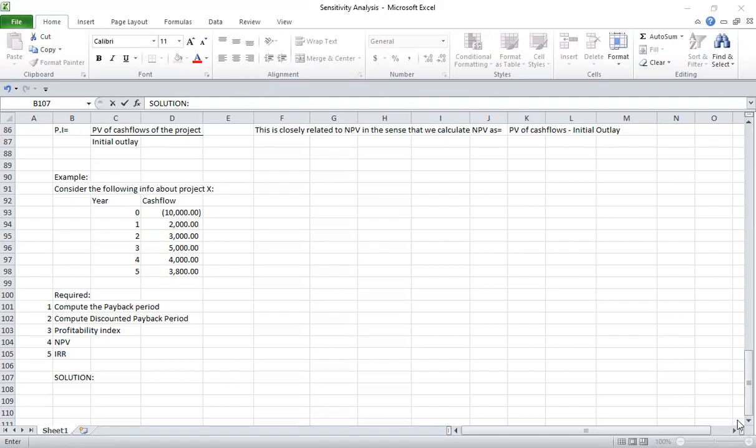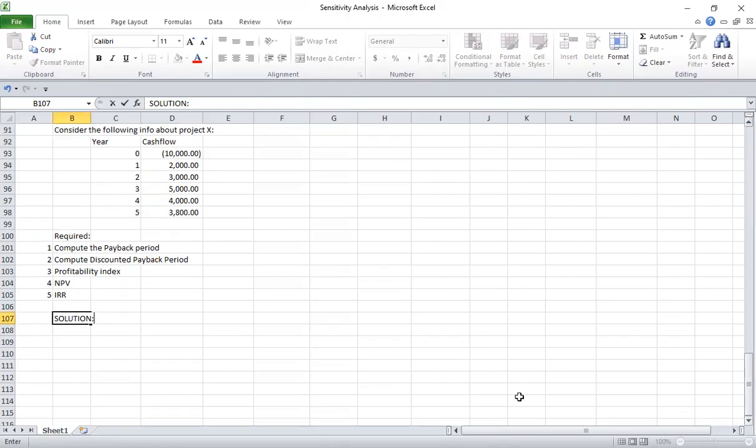We can continue. The first requirement under the solution is that we compute the payback period.